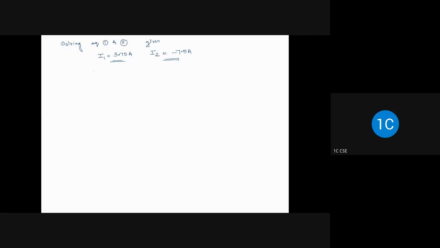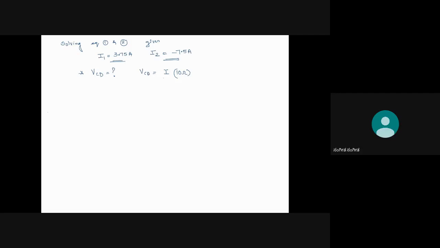But what is it that you are supposed to find? You are supposed to find the voltage across the nodes C and D, or in short, you can call it VCD. So VCD is basically current into the resistance. Now, what is this current through the 10 ohm resistor?